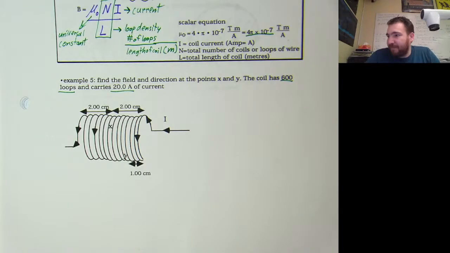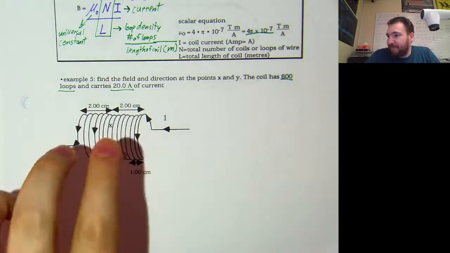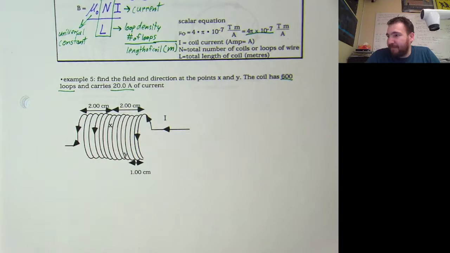To put that into perspective, the iPhone charger blocks that you plug into the outlet produce a current of 1 amp to charge your phone, so as not to blow up the battery. This is a current of 20 amps going through a 600 loop coil.